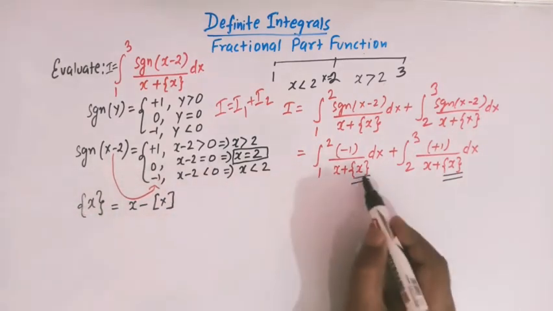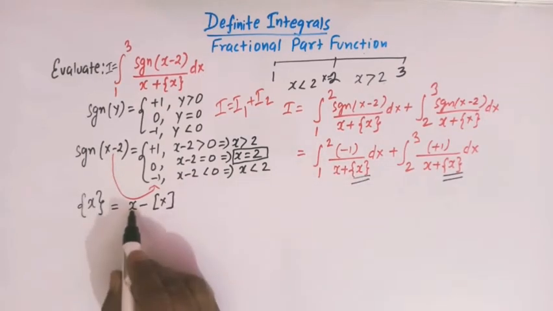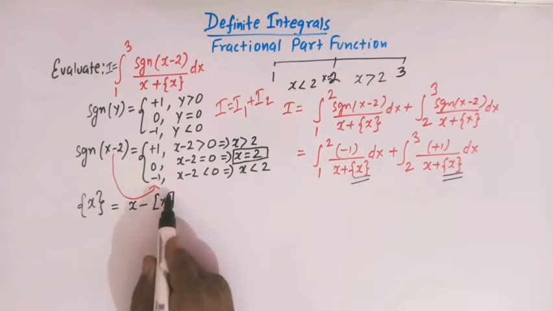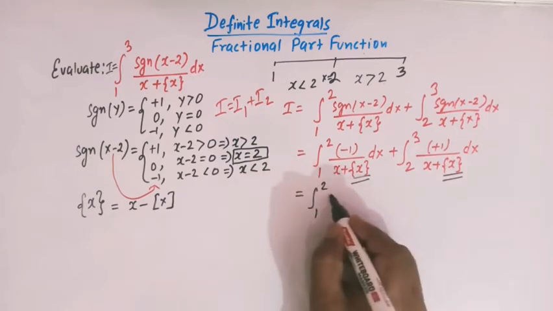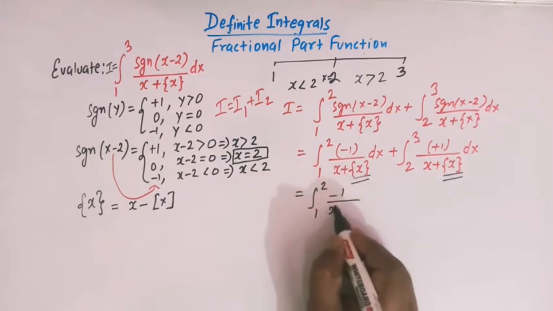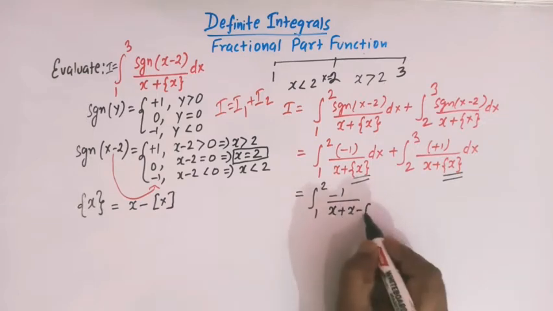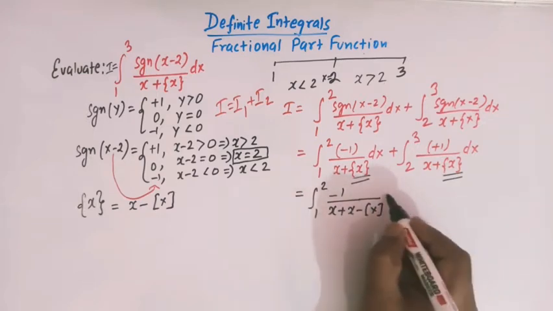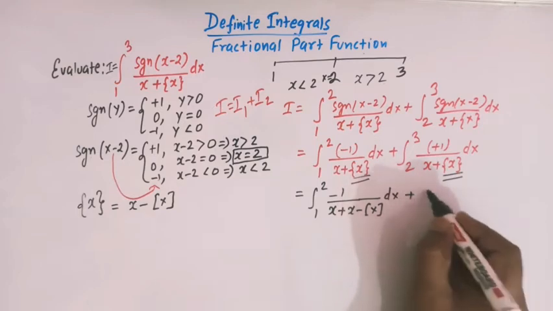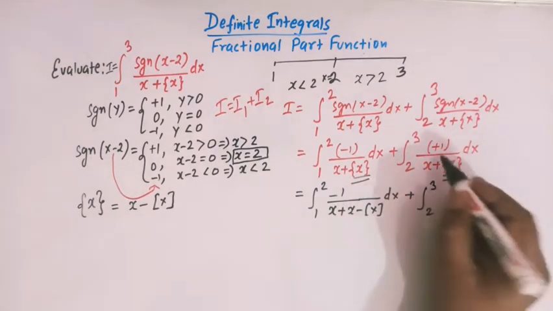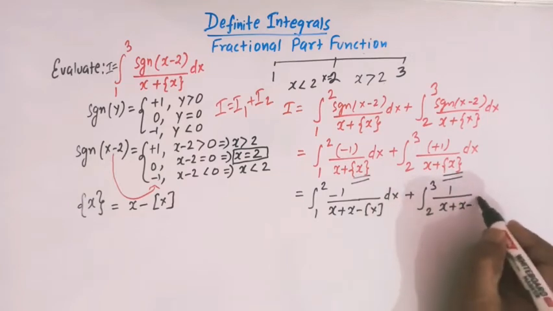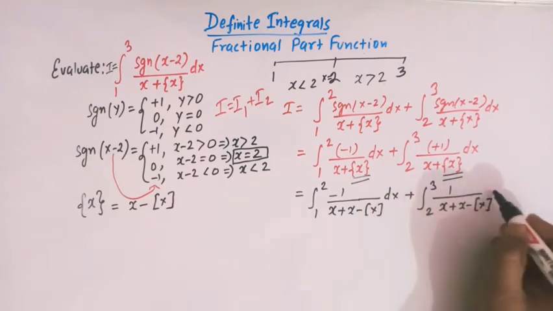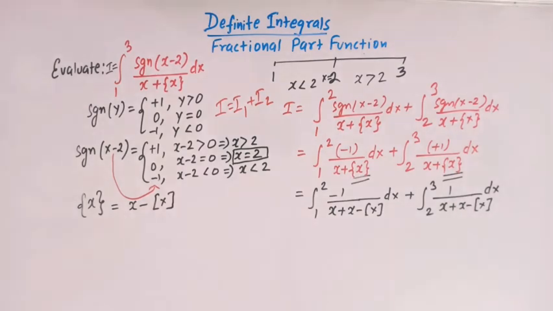So if we replace the fractional part of x by x minus the greatest integer of x, we have the integral from 1 to 2 of minus 1 over x plus x minus the greatest integer of x dx, and the integral from 2 to 3 of 1 over x plus x minus the greatest integer of x dx, right?